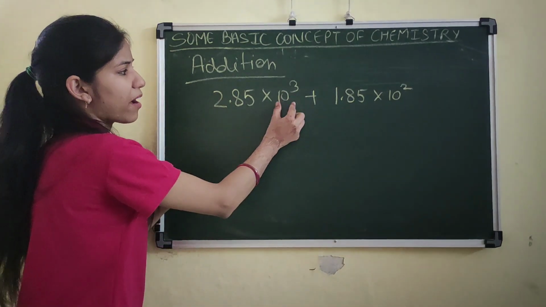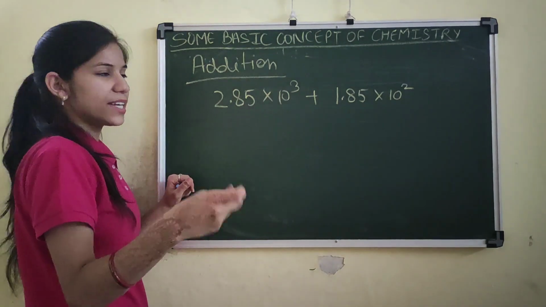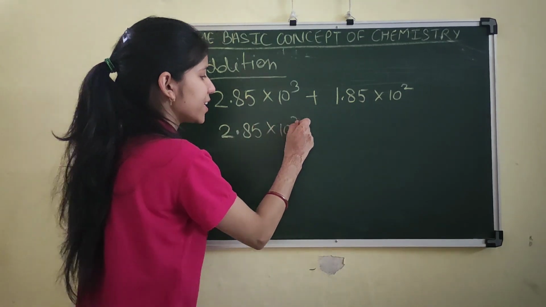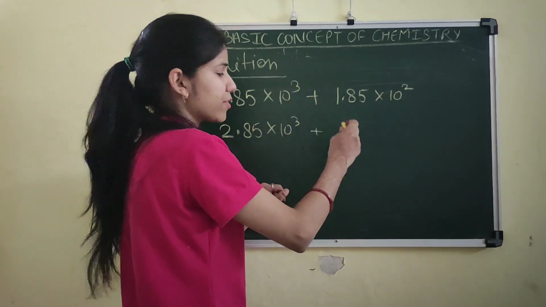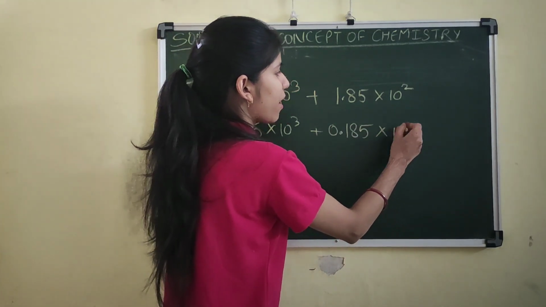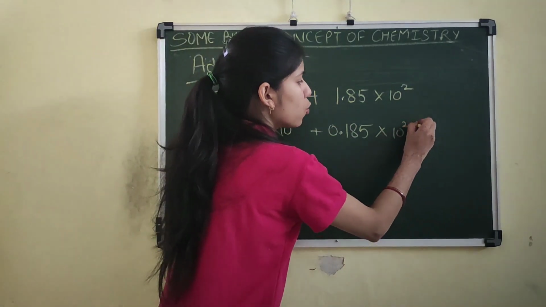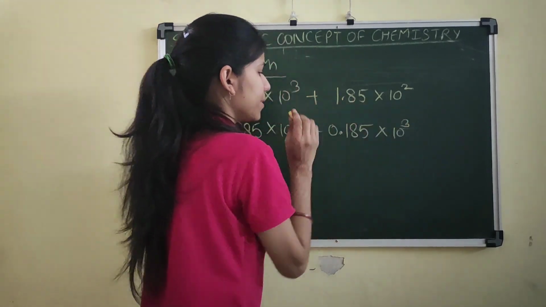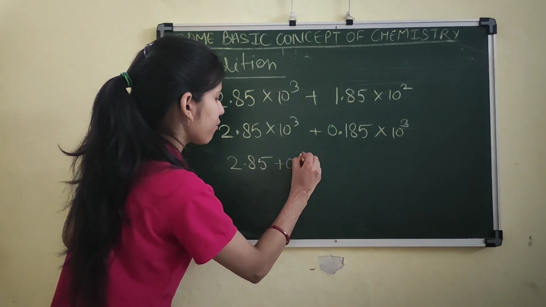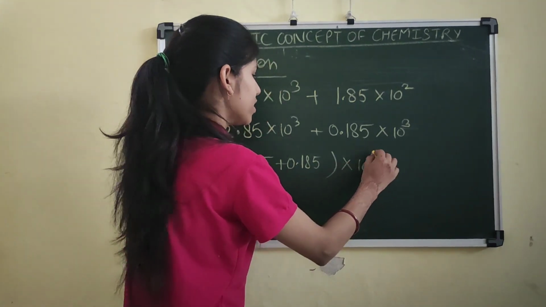Here the powers are 3 and 2, so they cannot be added directly. We write 1.85 into 10 to the power 2 as 0.185 into 10 to the power 3, since the decimal shifts left, so 2 plus 1 is 3. Now 2.85 plus 0.185 into 10 to the power 3.